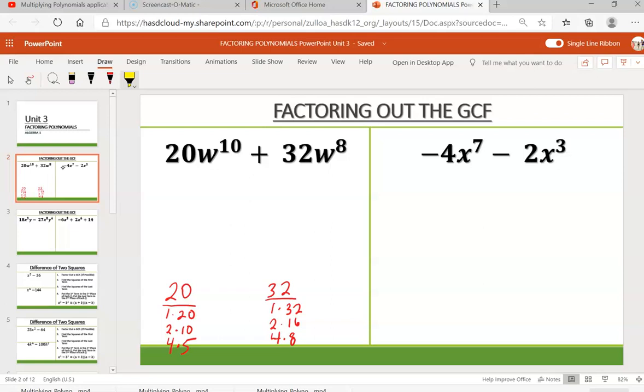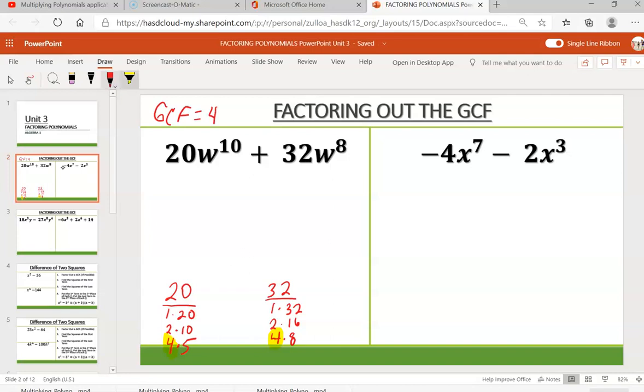You don't have a 10. A 5. No 5. I have a 4 here, and I have a 4 here. So my GCF for 20 and 32 is 4. That's the biggest number that'll go into both 20 and 32 evenly.